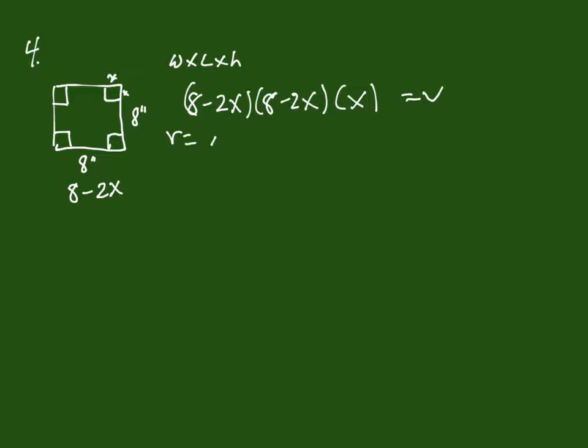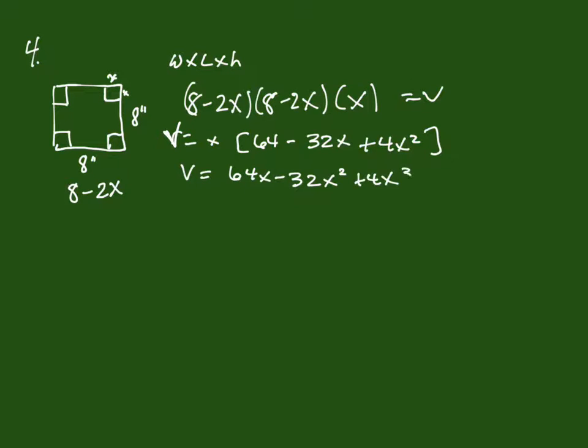So volume equals x times 64 minus 32x plus 4x squared. And multiplying and adding everything together, we get volume equals 64x minus 32x squared plus 4x cubed.